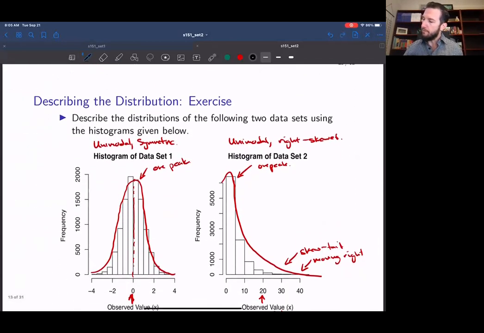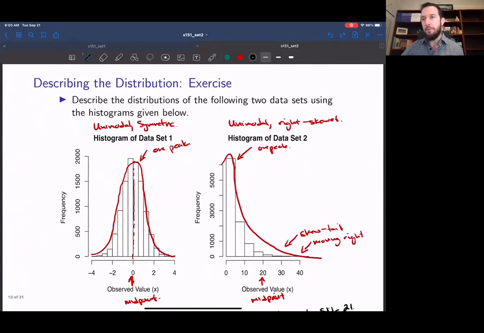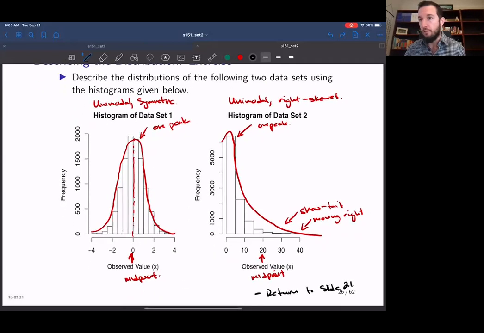All right, once we finished our discussion on shape, and as a reminder, we also did an illustration where we were using these different classifications, so the modality and the skewness or symmetry, to describe the shape of a histogram. And there's 2 examples of that on slide 26 here.